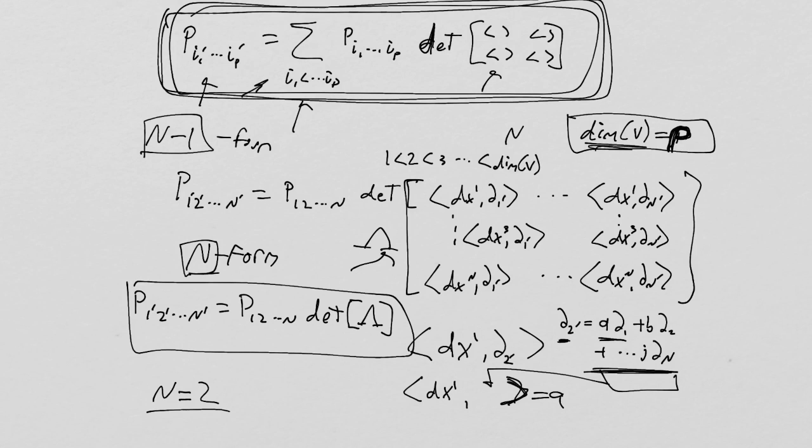The first thing to think about when we look at that is the reason this worked out, that it became the transformation matrix, is because we had all n vectors present. By looking at an n form, this is a complete n by n square matrix. But generally speaking, this will not be an n by n square matrix. This will be a p by p square matrix, and we're going to need one for each collection of increasing indices p. So this is actually the determinant of something less than the total matrix, but it's still a square matrix.